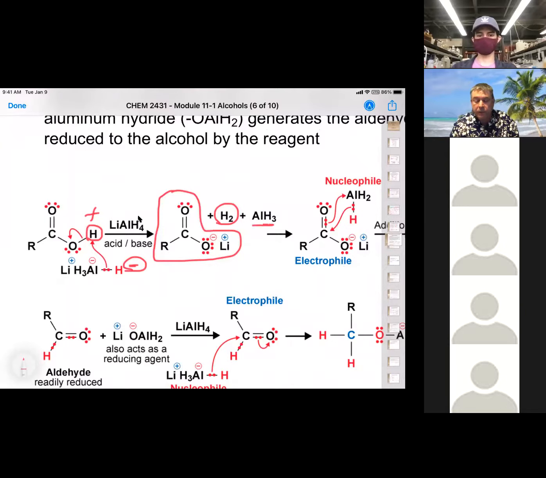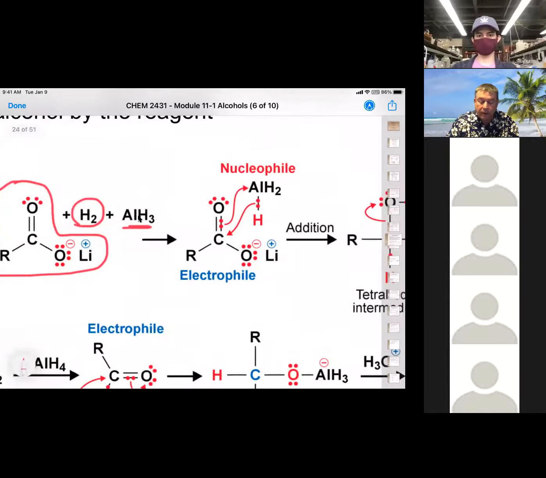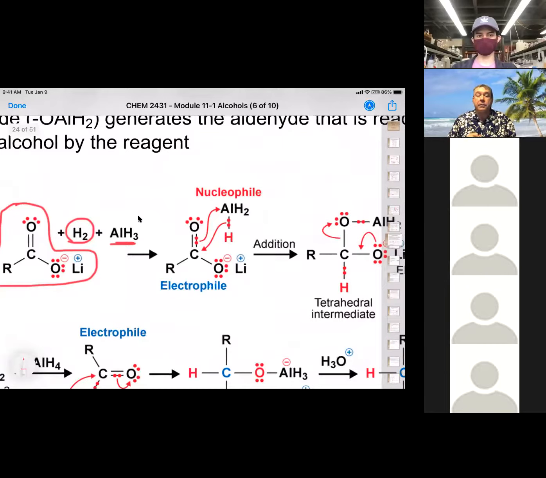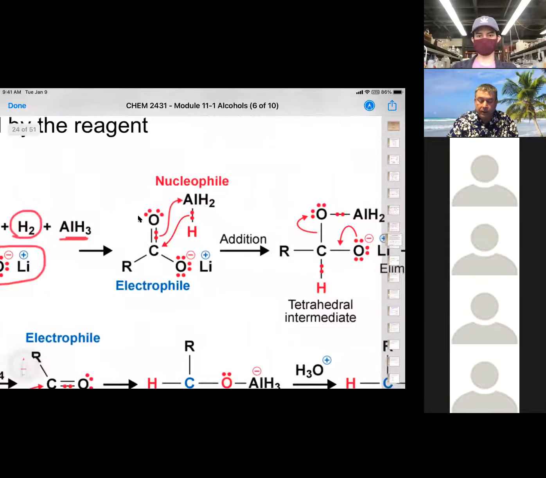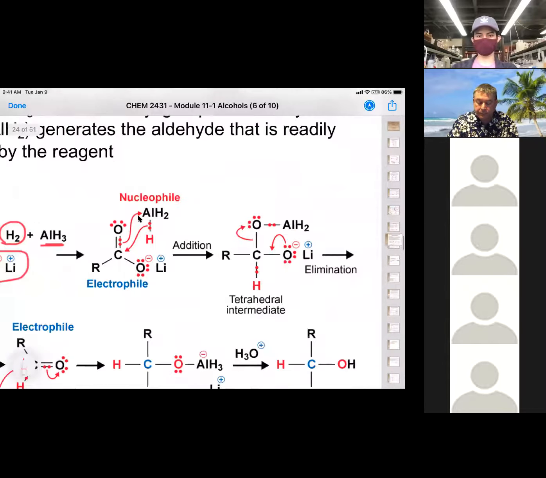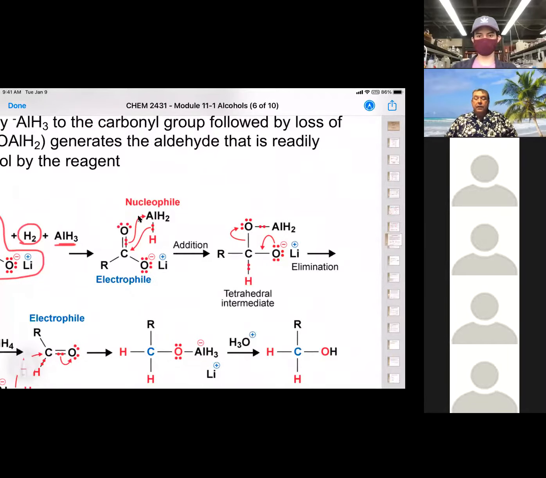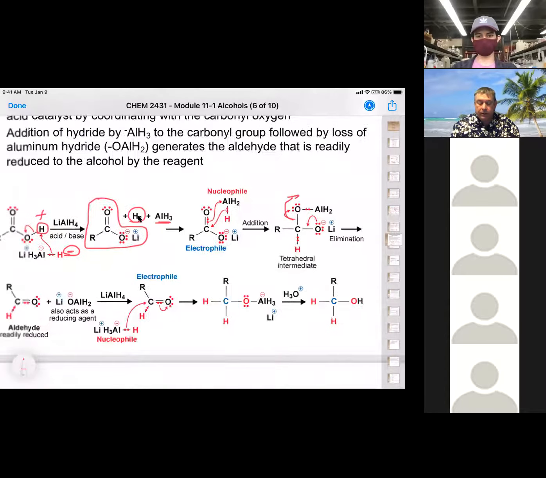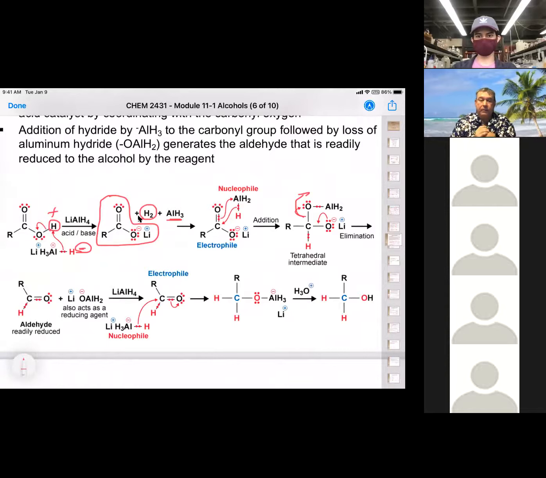But we still have aluminum with hydrides on it. That aluminum with hydrides will act as the nucleophile and react with our carboxylic acid salt, generating our tetrahedral intermediate. So we have an opportunity here to use the lone pairs on that oxygen to kick in and reform the carbonyl and kick out an aluminum oxide product with 2 hydrides left on it.